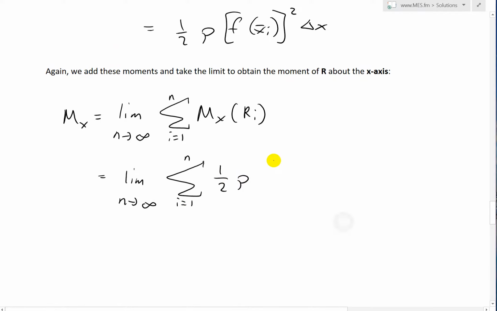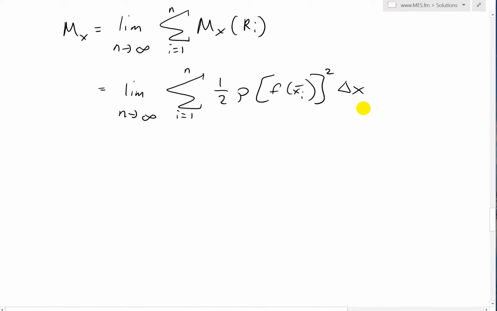1/2 times rho, or density, times f of xi squared delta x. And again, this is a Riemann sum. We can write this as an integral, so we finally get Mx equals 1/2 rho, since 1/2 and rho are constants, we take those out, and then we have the integral from a to b of the full region.